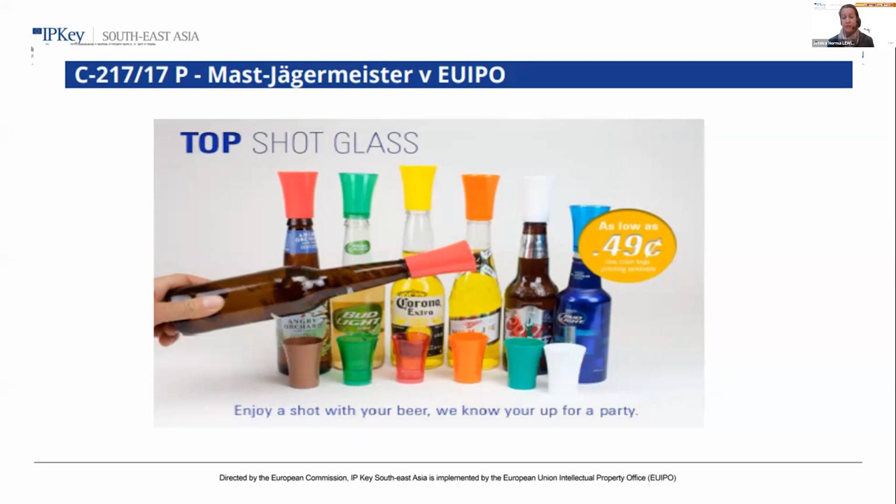But for us, it's very interesting because it's not frequent that those cases about representation of designs go up to the court. So we have a confirmation by the court that what we are doing is correct in this sense.